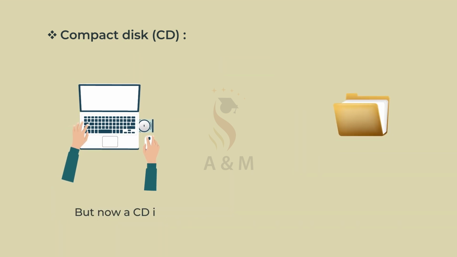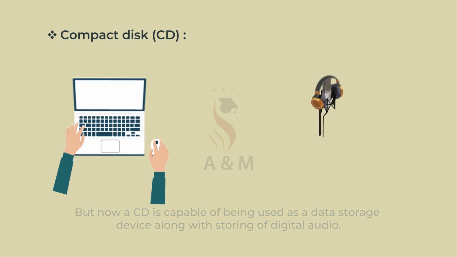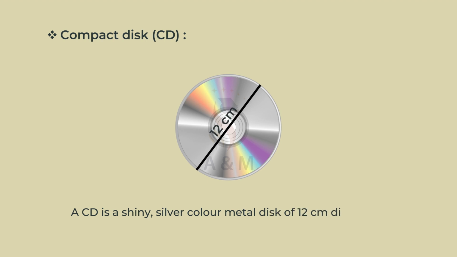But now, a CD is capable of being used as a data storage device along with the storing of digital audio. A CD is a shiny, silver color metal disc of 12 cm diameter.